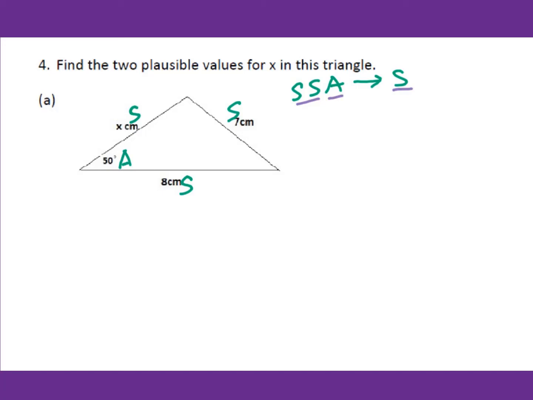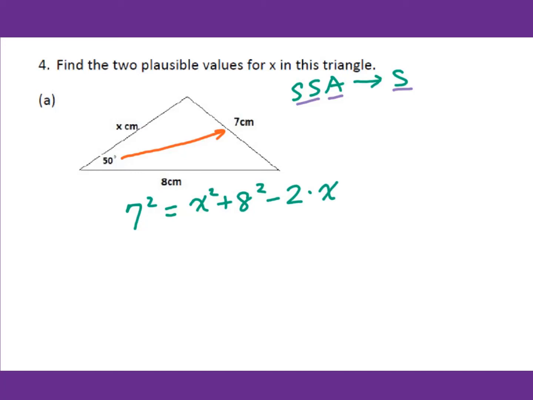So for this problem, when you write down the cosine law, remember, use the side which has a corresponding angle. That means 7 squared equals x squared plus 8 squared minus 2 times x times 8 times cosine 50 degrees.